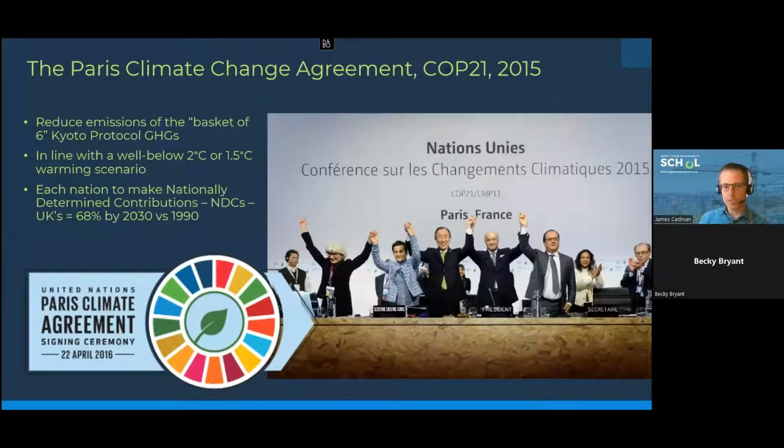So that third bullet point is talking about the UK's nationally determined contribution, our NDC. And each country was encouraged to pledge one of these, and our NDC is a 68% reduction compared to 1990 by 2030. What we as a country are going to do to reduce our carbon emissions, to bring them down as much as possible. So that was the Paris Climate Change Agreement 2015, ratified in 2016.